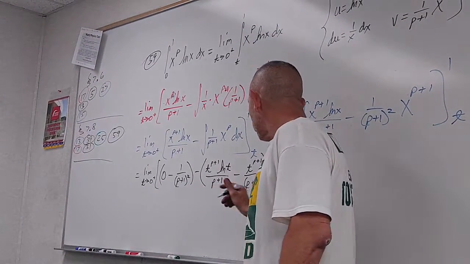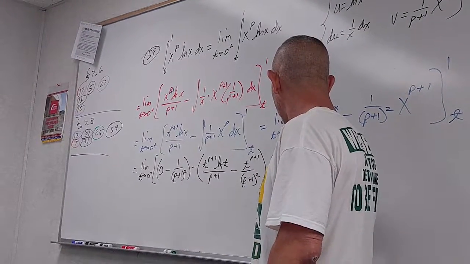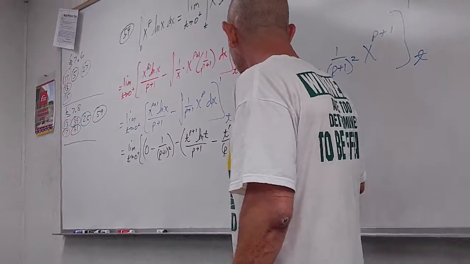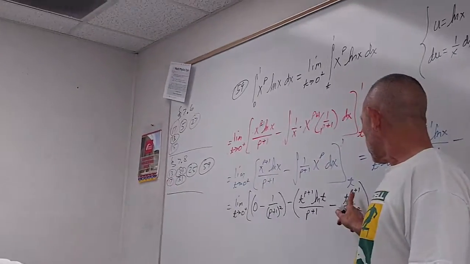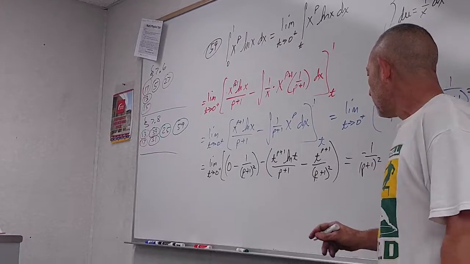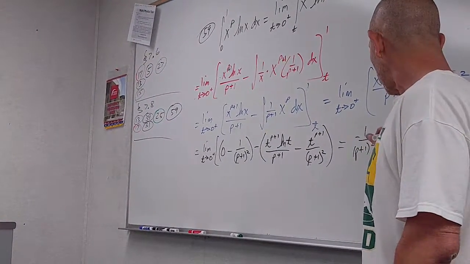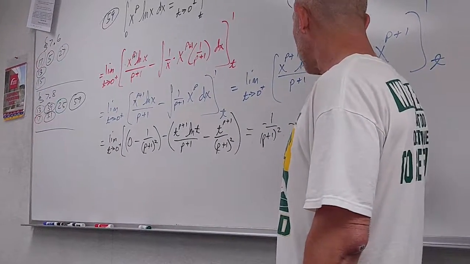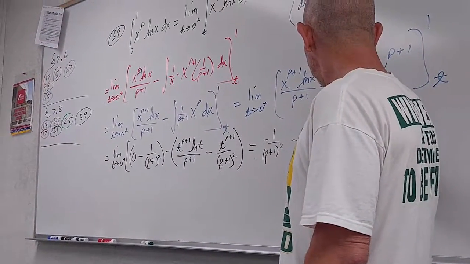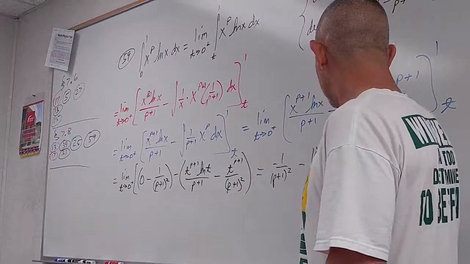This comes out in front of the limit because there's no t in it: minus 1 over p plus 1 quantity squared. Everything else would be zero. As we said, I can let t be 0 here. I get 0 in the numerator. So now I've got minus the limit as t goes to 0 from the right, t to the p plus 1 ln t all over p plus 1.